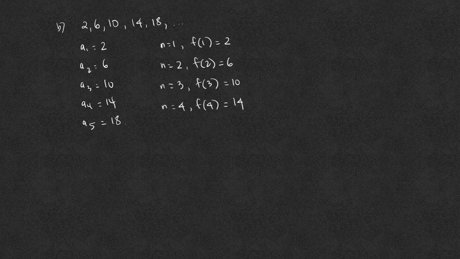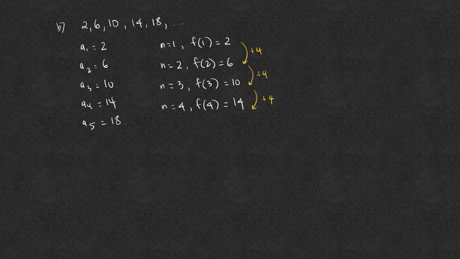Notice that the output is increased by 4 each time we increase the input by 1. When n goes from 1 to 2, that was the input, we would increase the output by 4. From n equals 2 to n equals 3, the input increased by 1, but the output increased by 4.